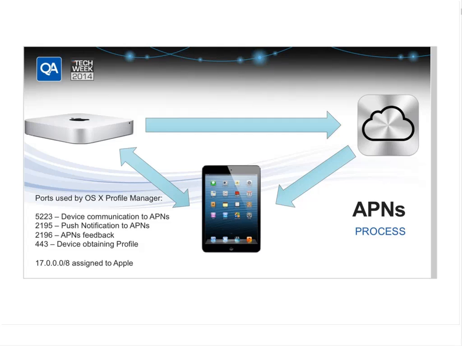We don't send any information to Apple about the actual profile, and in reality, they really wouldn't want us to, because as more and more people use this, you are going to see a huge amount of information being pushed out, and I don't think Apple will be too happy to deal with all that for us. Your clients will then receive an update from APNs.